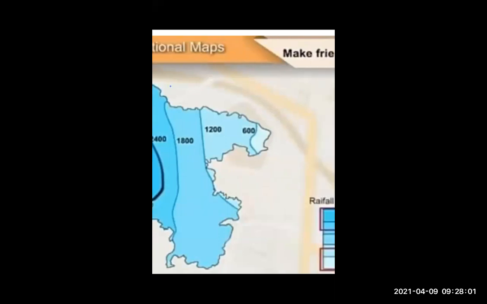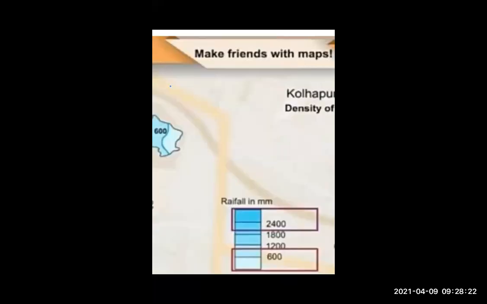Now next is, which class shows low rainfall? Exactly correct, 0 to 600. Your answer should be in one number, like 600 millimeter.